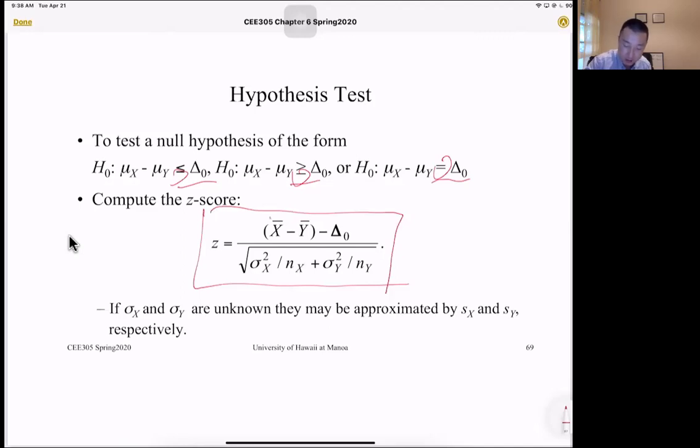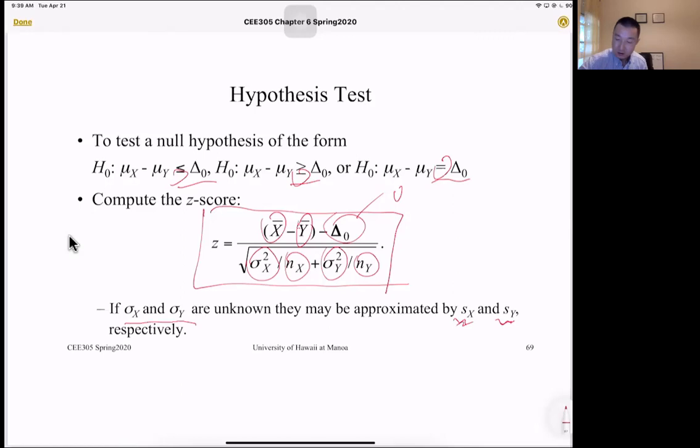This is the sample mean of x, the sample mean of y, and this is delta 0, depending on how the question is asked. If the question is whether the two mean values are different or not, then this could be 0, for example. This is the population standard deviation for x and y, and this is the sample size for x and y. We can use the sample standard deviations sx and sy if we do not know the population information.